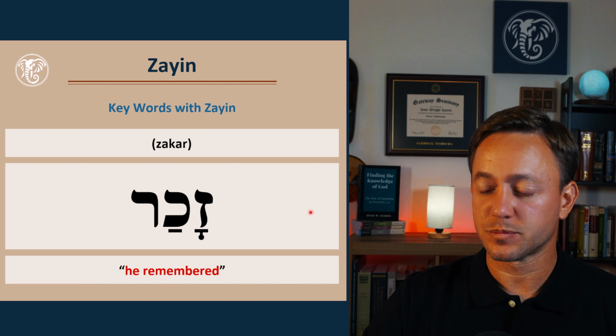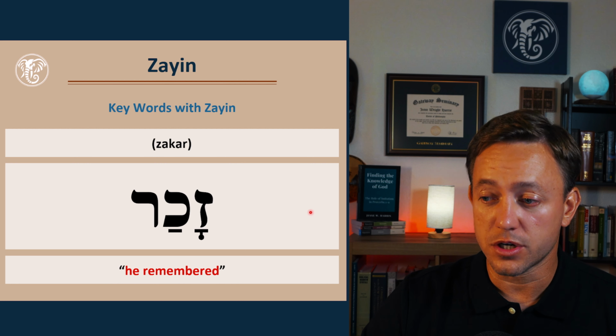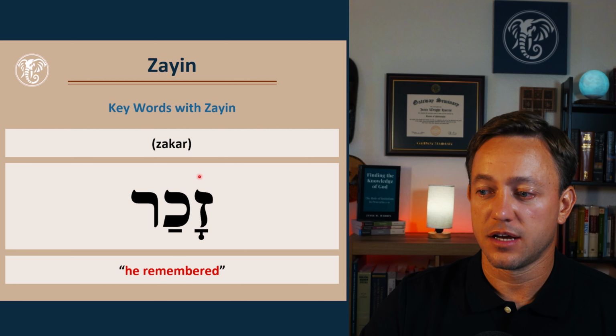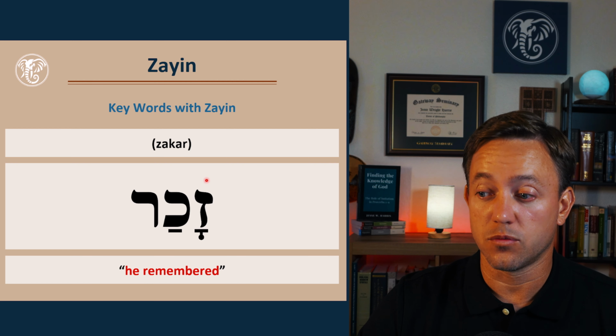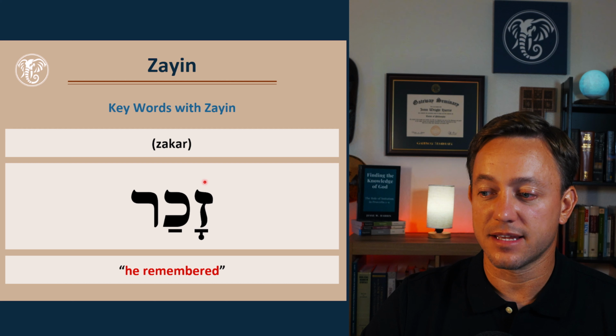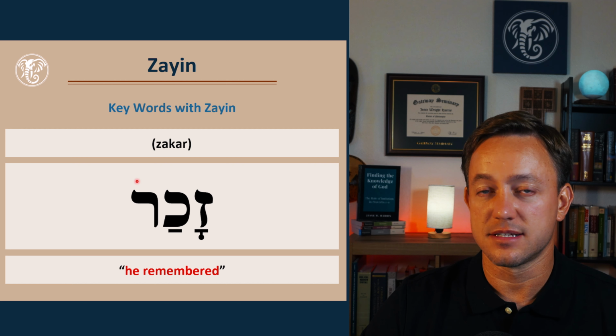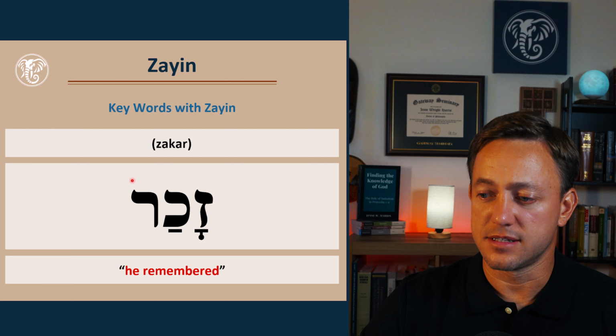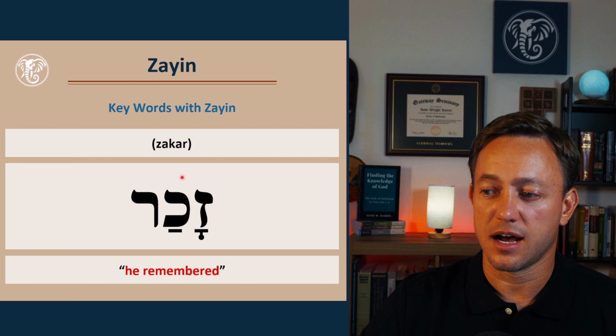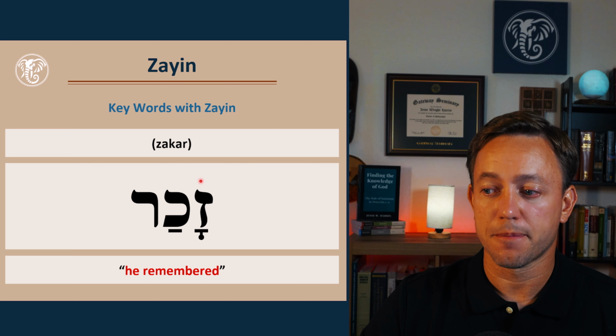Okay. Well, let's look at a few key words. So as I mentioned, we're going to be learning here our word for remembered, or he remembered. And that is zakar, zakar. He remembered.